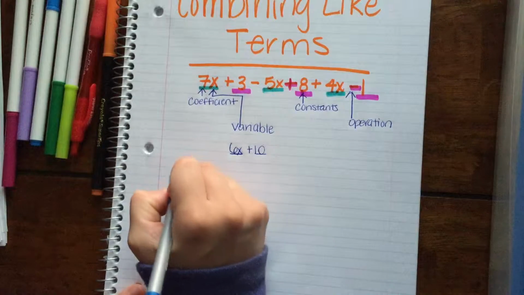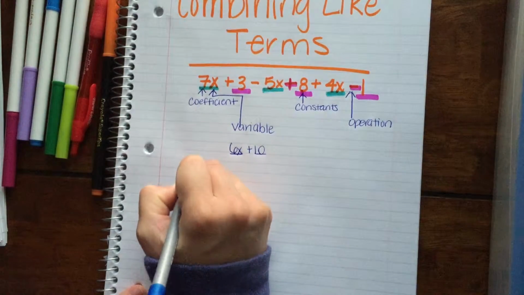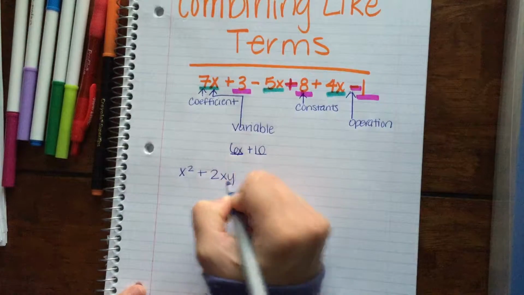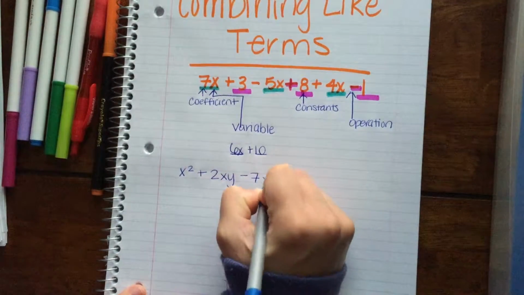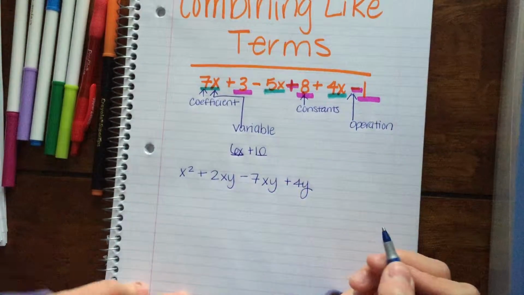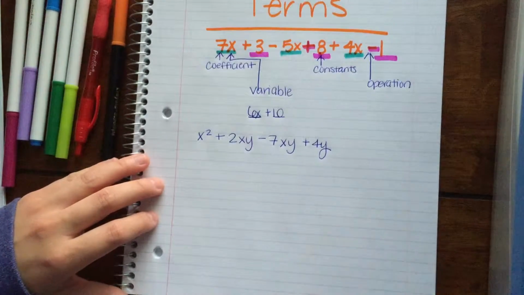If we have x squared plus 2xy minus 7xy plus 4y. Here is our second problem.